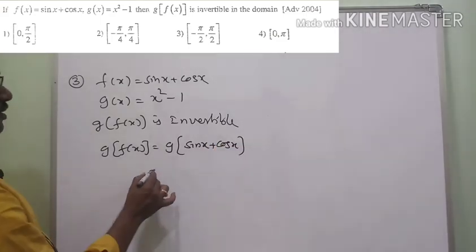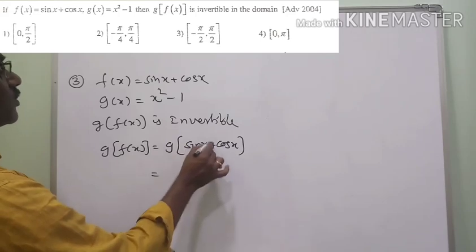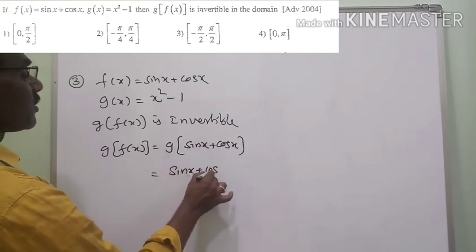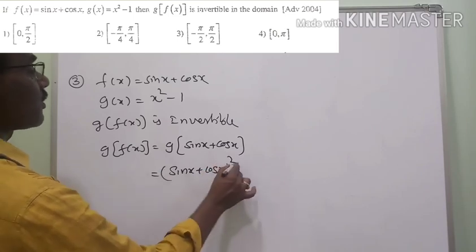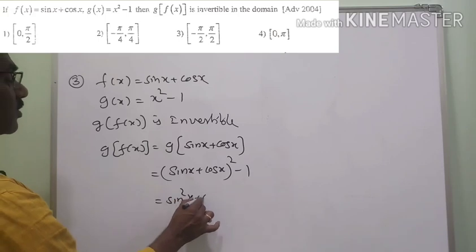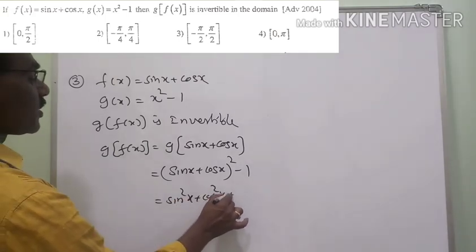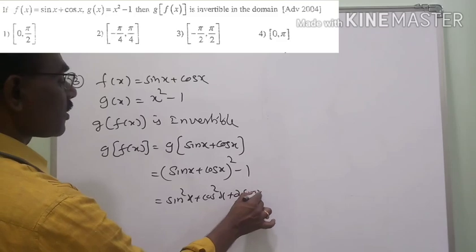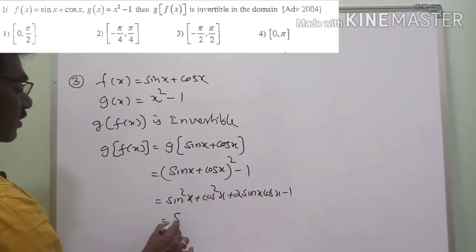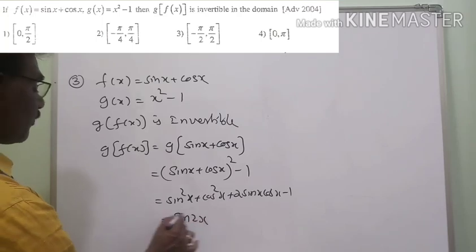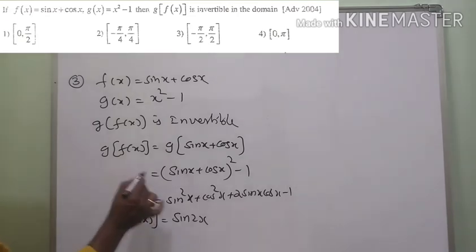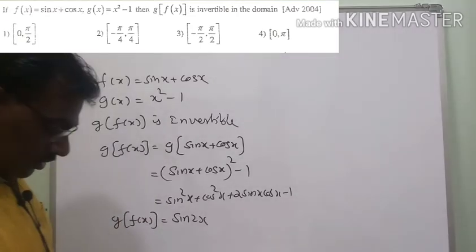Now here this is (sin x plus cos x) whole square minus 1. A square plus b square plus 2ab. So 1 and 1 cancel. You will get sin 2x. G of f of x is sin 2x.